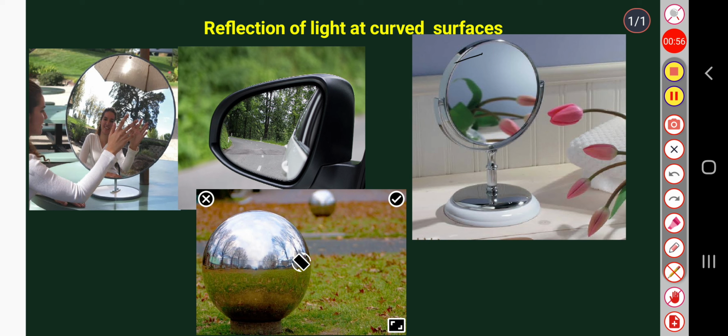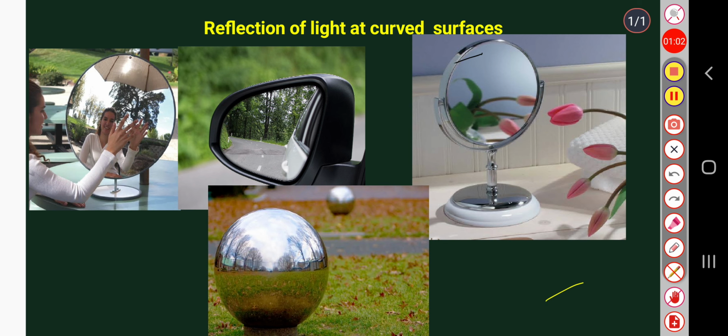Dear children, now look at the pictures carefully, one by one. The observation should be the size of the image and how the image is formed here. Meaning you need to find whether the image is inverted, or whether the size of the image is the same as the size of the object. All these things you have to observe here.